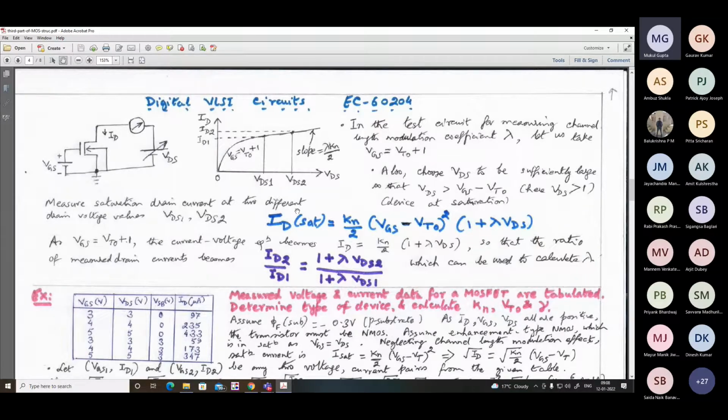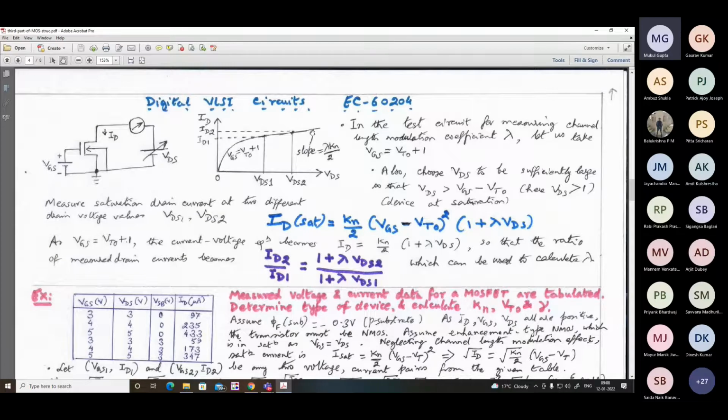Then if VGS equals VT0 plus 1, the term becomes 1. We are restricting ourselves to this curve. In the linear resistive region the curve is not linear, but once you come into the saturation region and focus on it, the curve can become precisely linear.